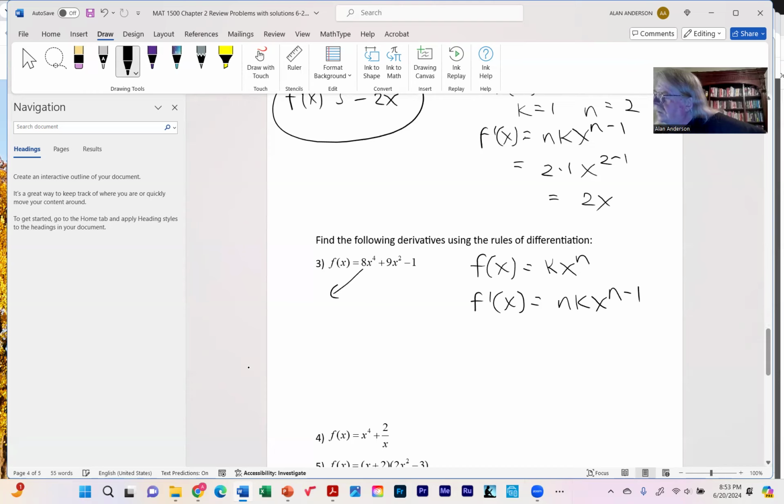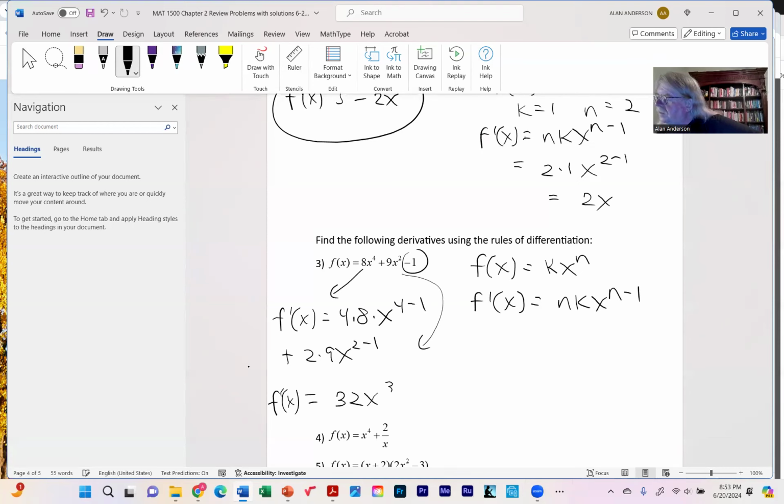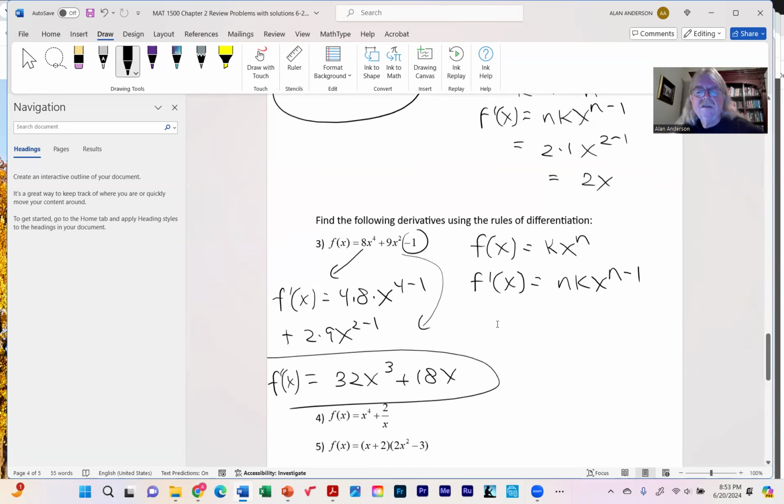For this one, we're going to have 4 times 8 times x to the 4 minus 1, plus for this one, 2 times 9 times x to the 2 minus 1. This term just goes to 0. We don't have to worry about it. So we end up with 32x cubed plus 18x. Oh, well, that was pretty straightforward.